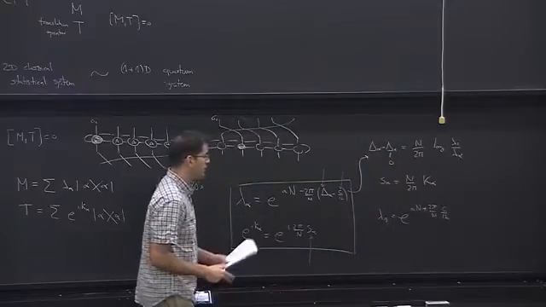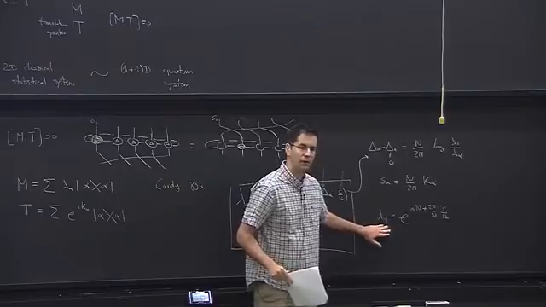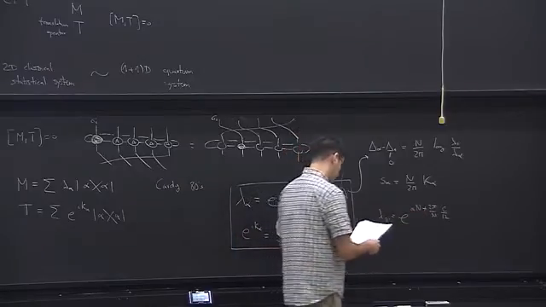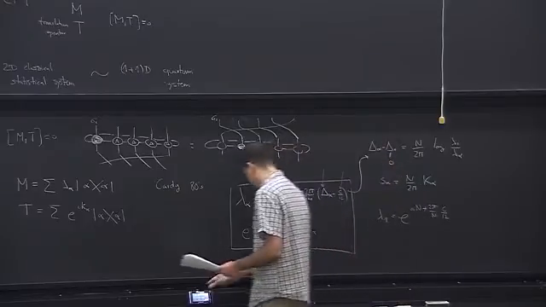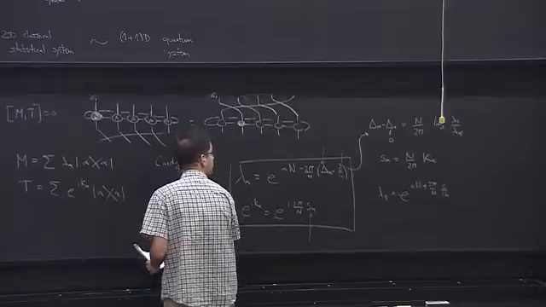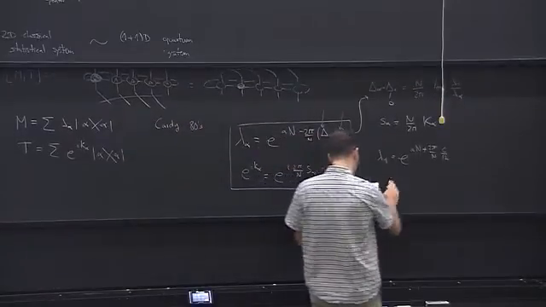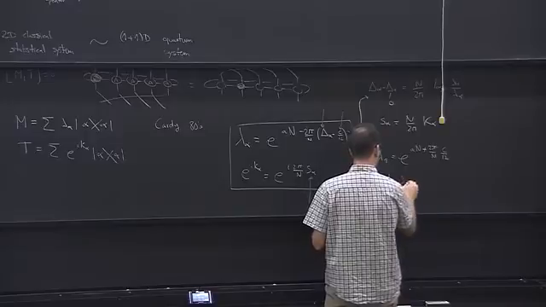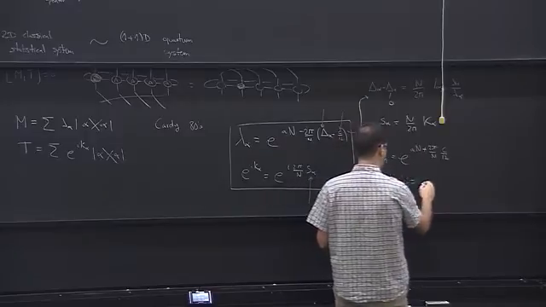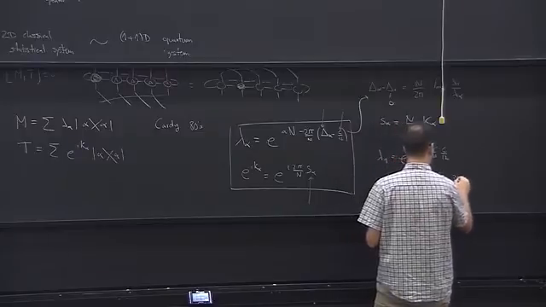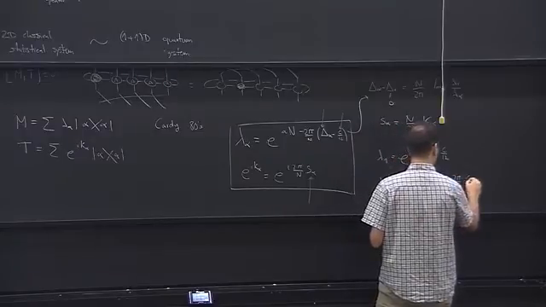plus central charge over 12. So what we'll do is compute lambda 1 for different values of n. And then from this expression, n times log of lambda 1 is a n squared plus 2 pi n c over 12.